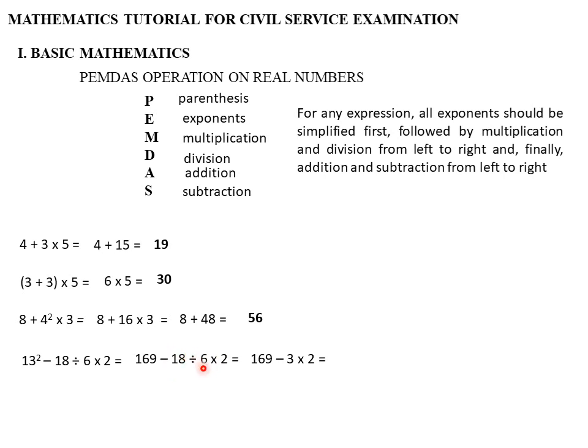Since division and multiplication has no other sign separating them, we need to proceed from left to right, multiplication and division from left to right. So 18 divided by 6 is equal to 3, times 2.